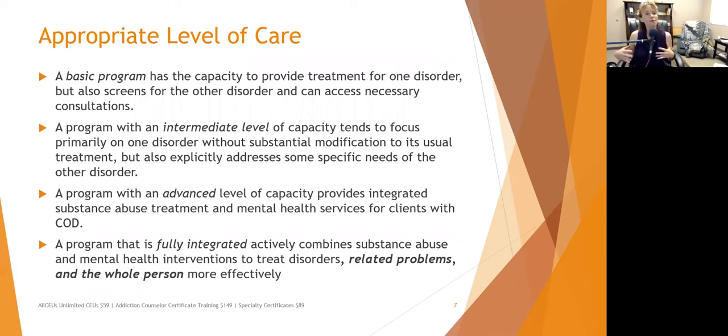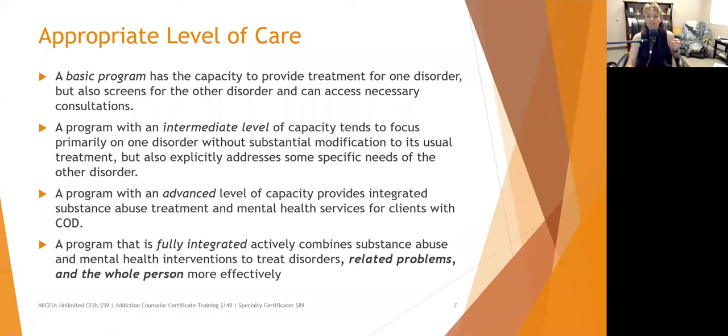So you may provide some coping skills training, some information on cognitive behavioral approaches, and so on. You're not specifically treating the mental health issue as a separate entity, but you are providing some information to help the person in substance recovery also deal with their mental health issue.